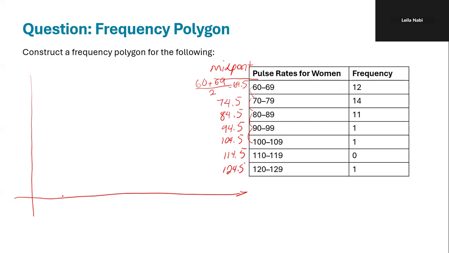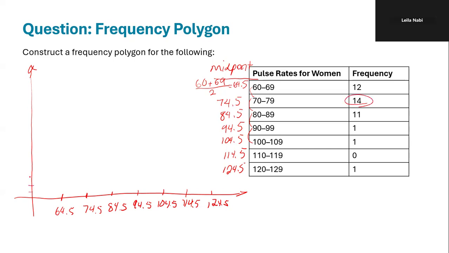I put the midpoints for the data, which is 64.5, 74.5, 84.5, 94.5, 104.5, 114.5, and 124.5. So the frequencies must be in order from 0 to maximum 14.